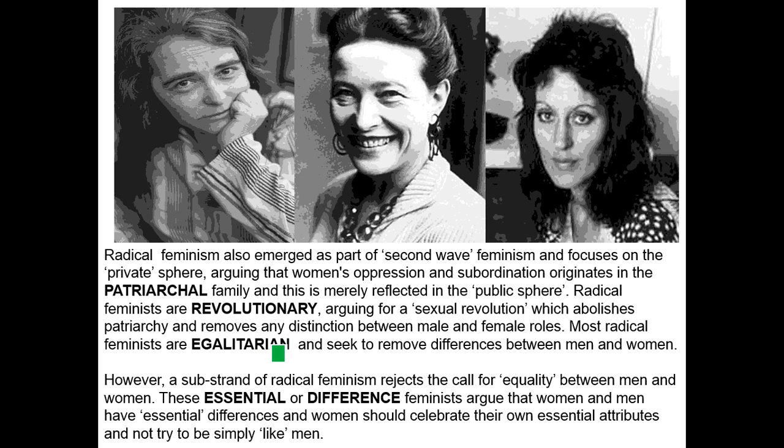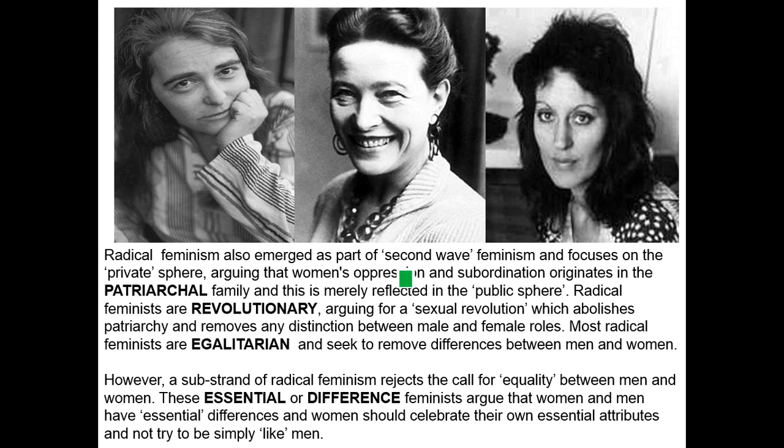In summary, radical feminism emerged as part of the second wave feminism and focuses very much on the private sphere, arguing that women's oppression and subordination originates in the patriarchal family, and this is merely reflected in the public sphere. Radical feminists are revolutionary, arguing for a sexual revolution which abolishes patriarchy and removes any distinction between male and female roles.